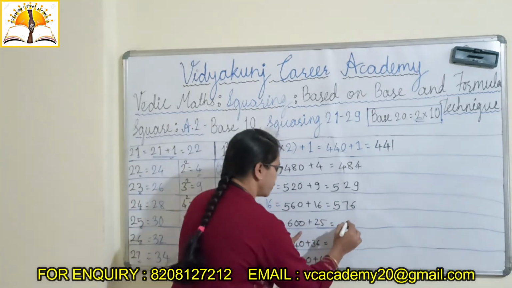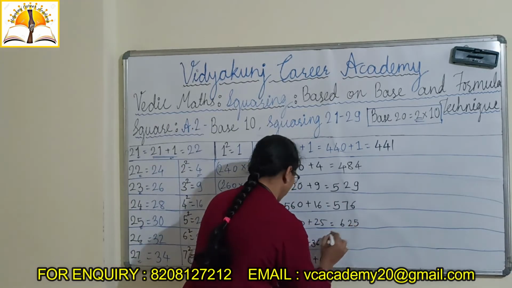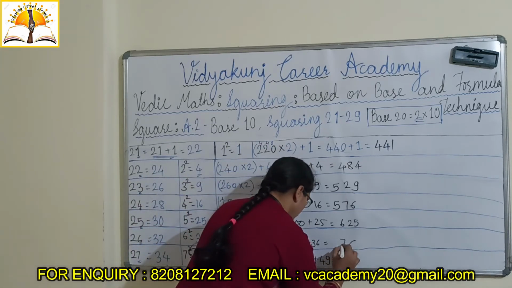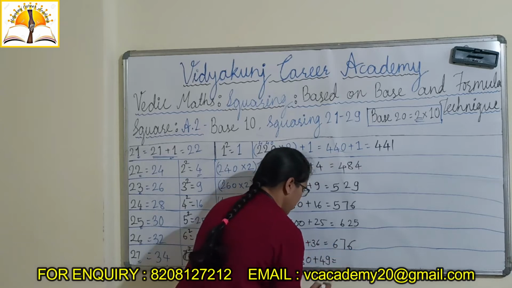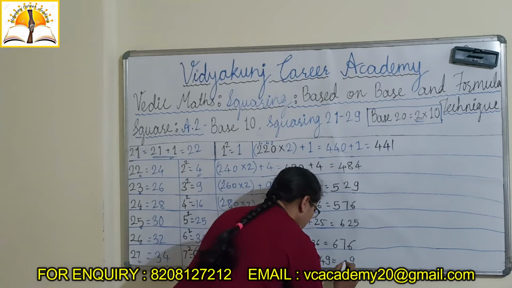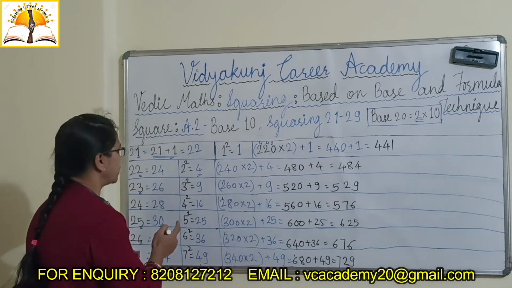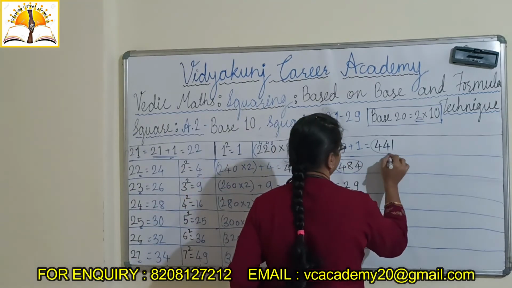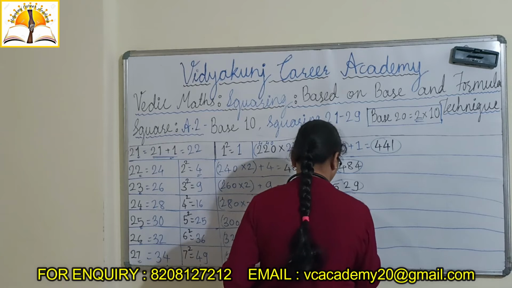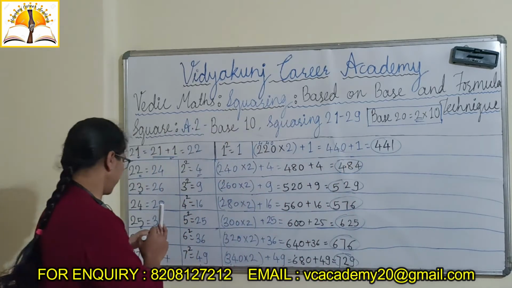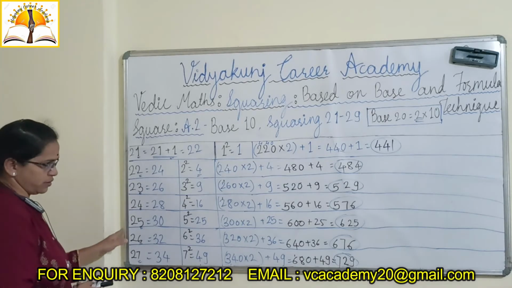Now here 5, 2, 6, it is its square. Now 6, 7 and 6, it is its square. Now here 9, 12, 1 carry, it means 7. These are these numbers' squares. Here you have to understand these are the squares of 21 to 27. Yes or no?